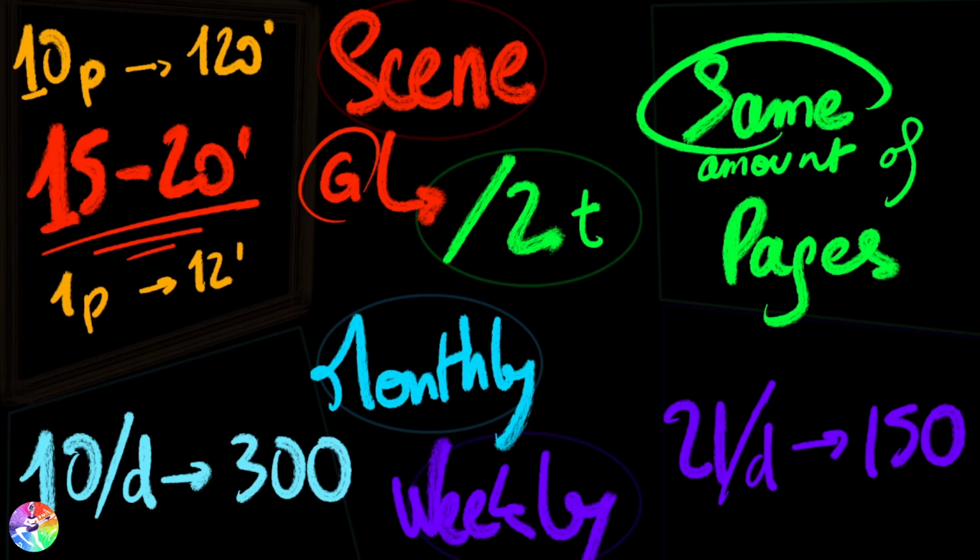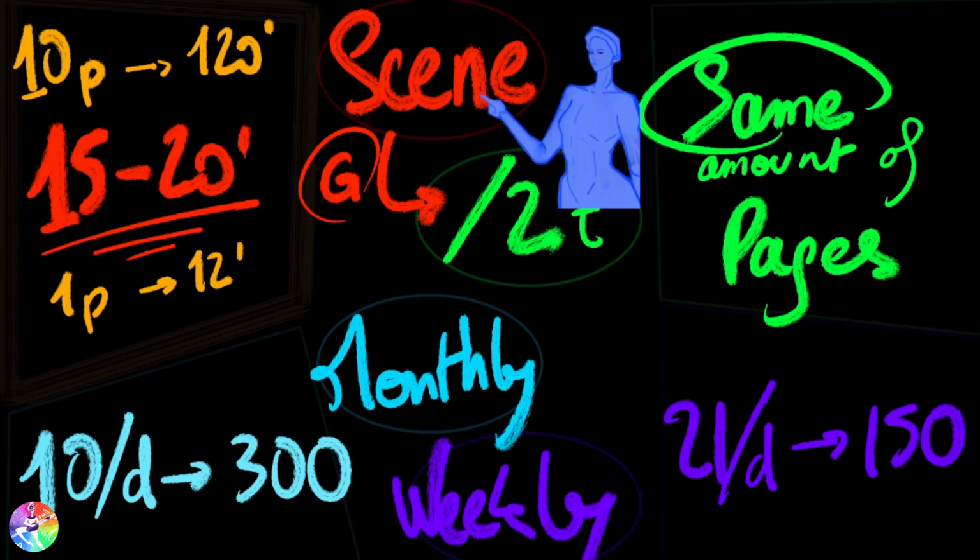If you're thinking at the scale of a scene, you'll be able to improvise faster and therefore to generate ideas and content faster. Now, let's suppose we're thinking in terms of a monthly basis for that. Let's suppose you decided to write 10 pages a day for the upcoming 30 days.